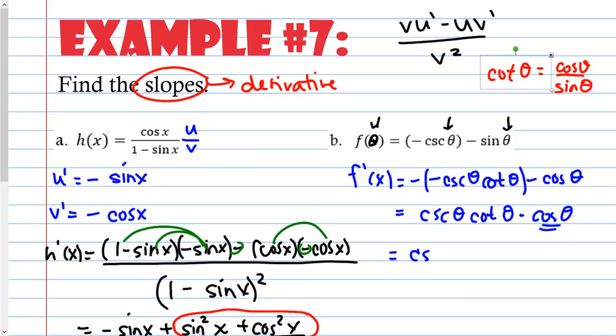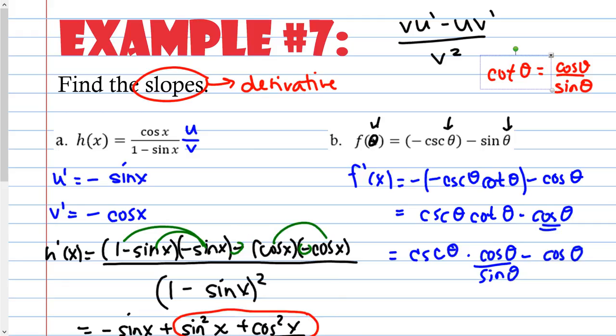So let's see, cosecant theta times cosine theta over sine theta minus cosine theta. Okay, so I see that there's two cosines.